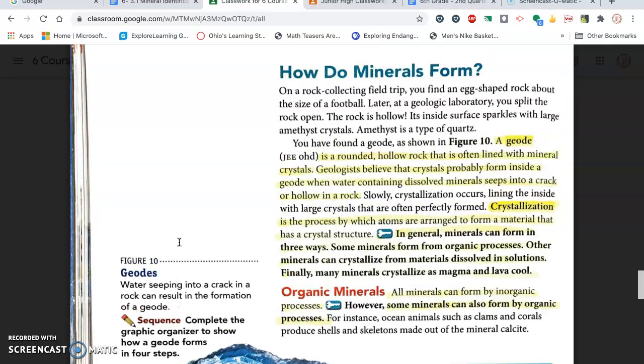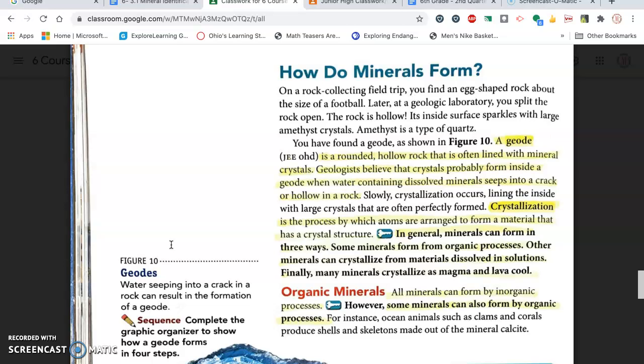So we've talked about what characteristics it takes to be considered a mineral. And then we talked about some different ways in which we can identify minerals using their characteristics. And now we're going to look at, well, how do these minerals form in the first place? I've talked about crystals growing in class.